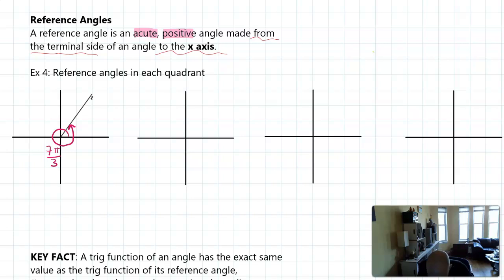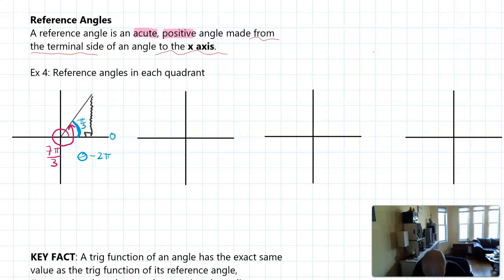Then the reference angle is the angle made when you drop an altitude down to the x-axis and just look at that triangle. So acute positive angle, well, 7 pi over 3 is not acute, but what is acute is pi over 3, right? So you're basically subtracting 2 pi. So in this case, it's theta minus 2 pi that was how we found that reference angle. So we're going back to the 0 axis there.